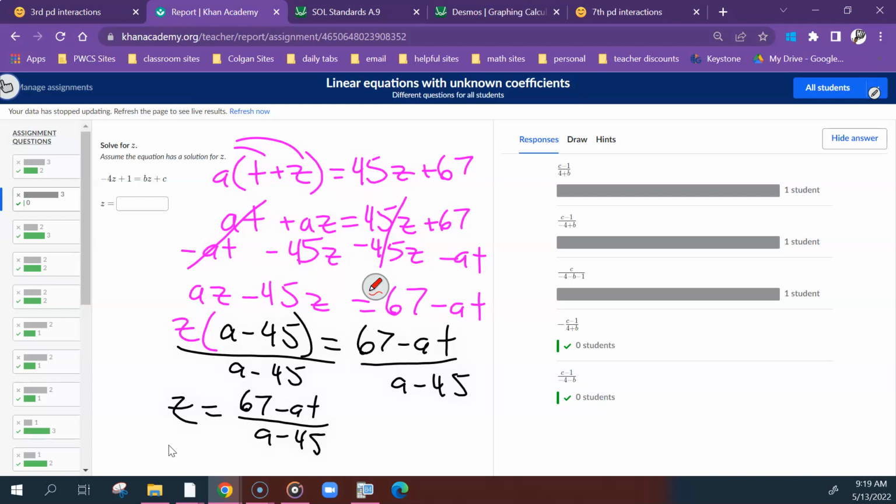Right. We are going to continue working in the SOL packet now. Make sure you have that out.